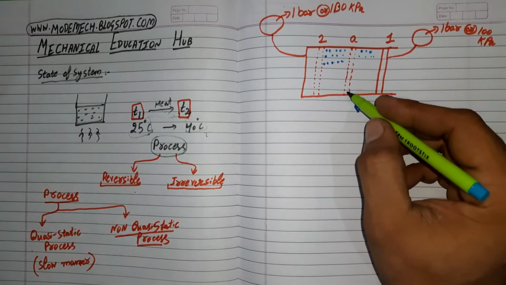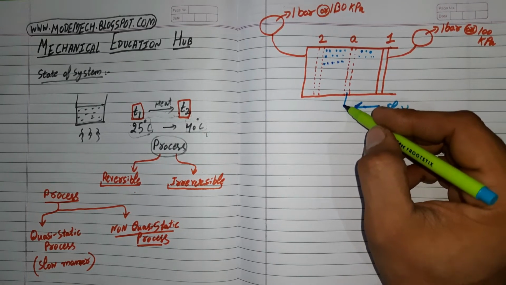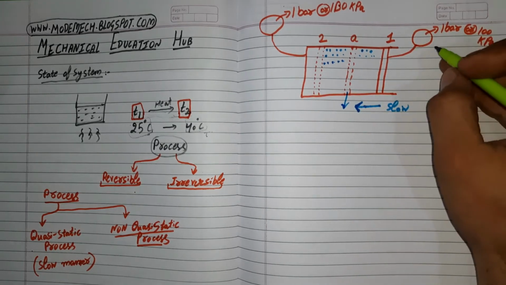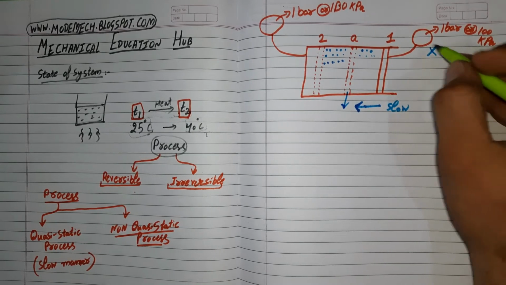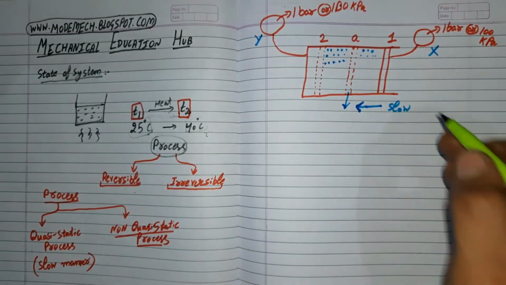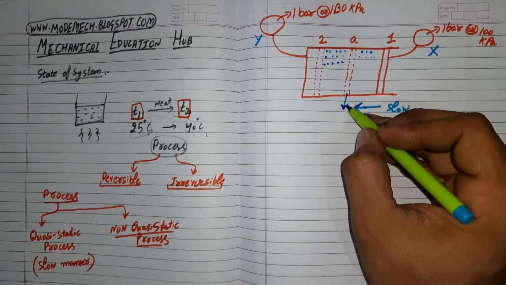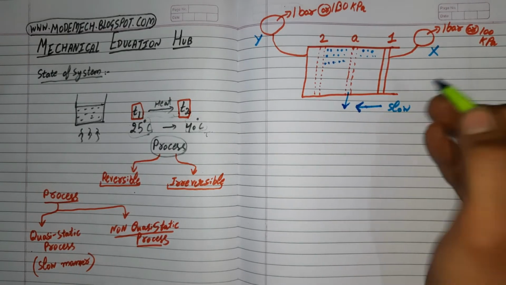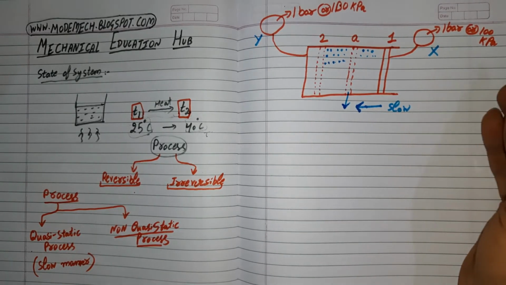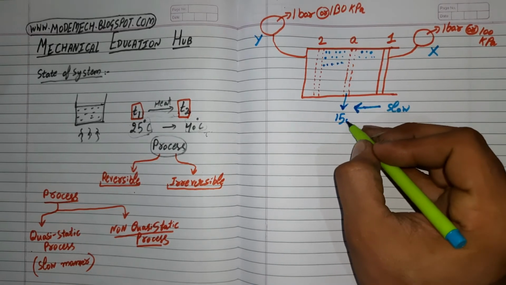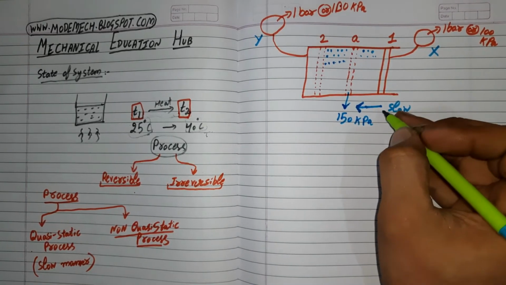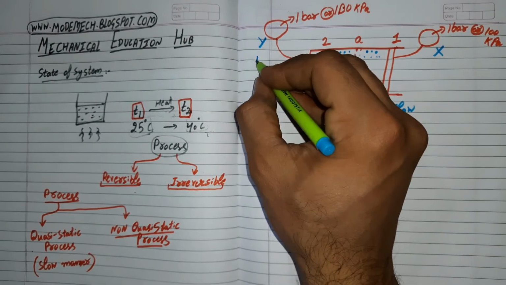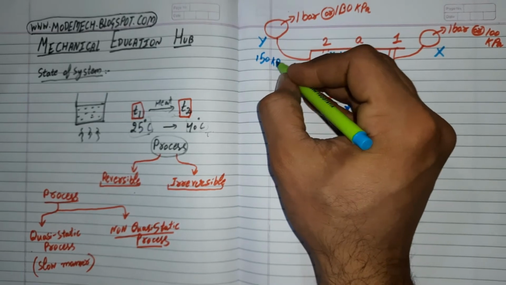Let us say this pressure measuring device is X and this one is Y. At some point A, the pressure at X will obviously be more than atmospheric pressure. Let us say it reaches up to 150 kilopascals, and at the same time Y will also show the same pressure, 150 kilopascals.